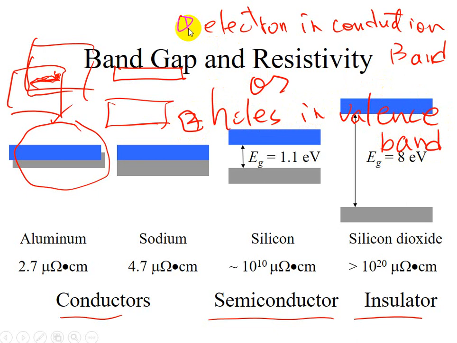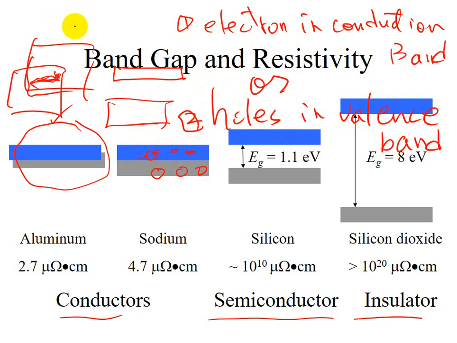These are the two criteria that will define a material to be a conductor. You have electron in conducting band, or you have hole in valence band.